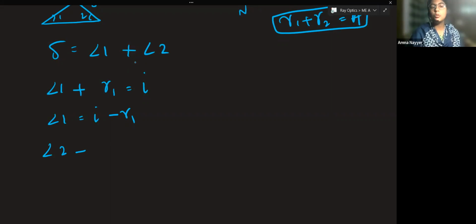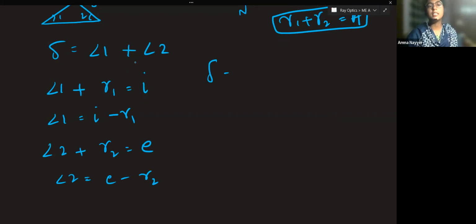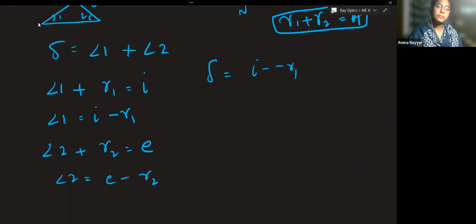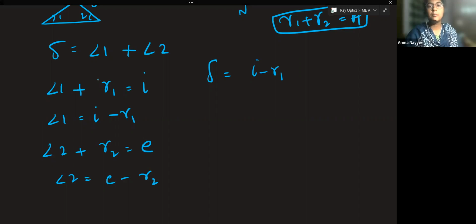Similarly, angle 2 plus R2 can be written as the emergent angle. So angle 2 can be written as E minus R2. Put these in the value of delta. Angle 1 is I minus R1, and angle 2 is E minus R2.